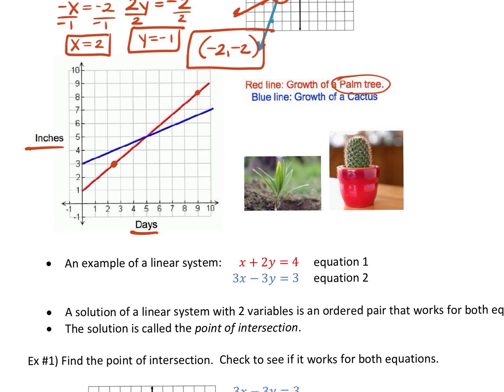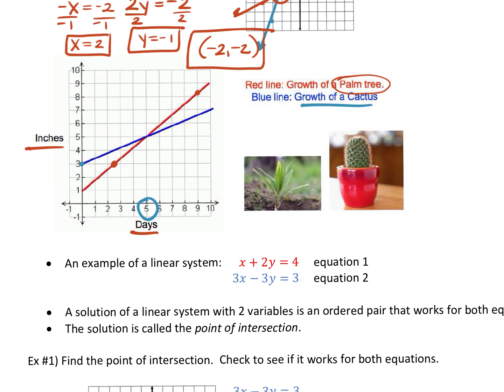Blue is a cactus. So the cactus started as a 3-inch cactus, and it grew from there. What we're looking for is, where are the cactus and the palm tree the same height? At what point does that happen? If you look where they meet, at 5 days, they're how tall? 5 inches.